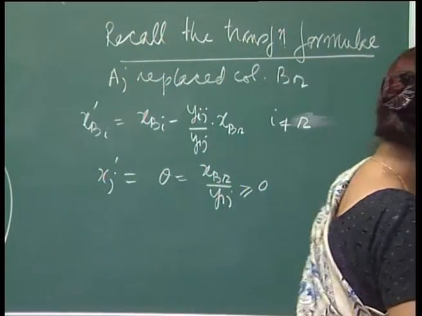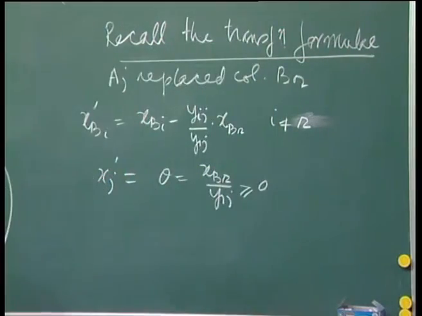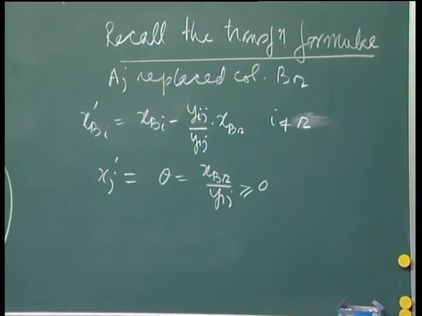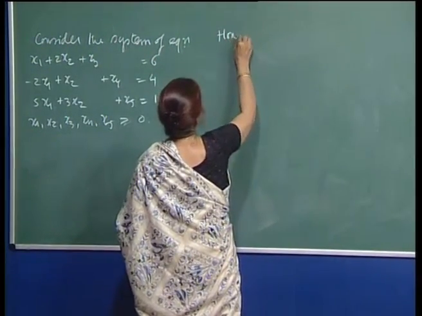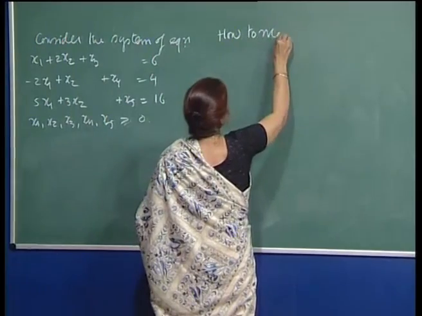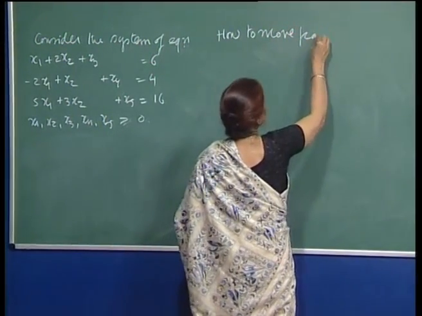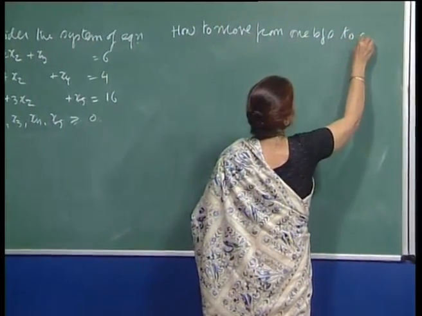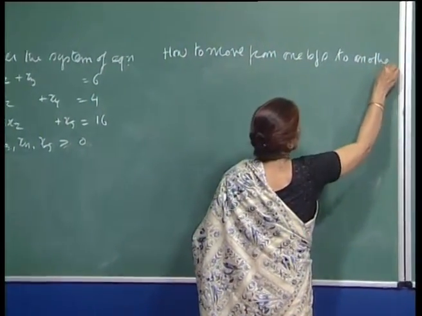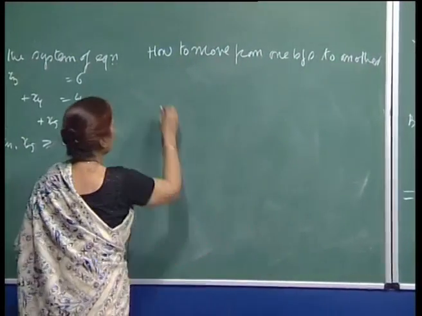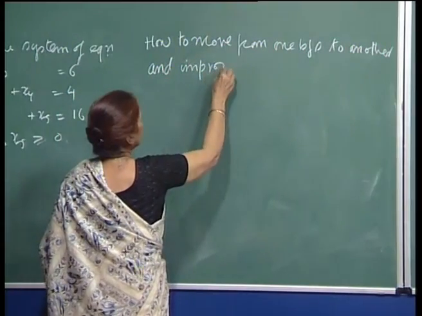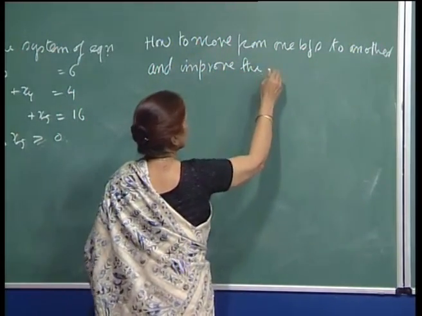Okay. And using this transformation formulae, let us see what would be. So, I will keep that intact. What I am now going to say is how to move from one basic feasible solution to another and improve the value of the objective function.